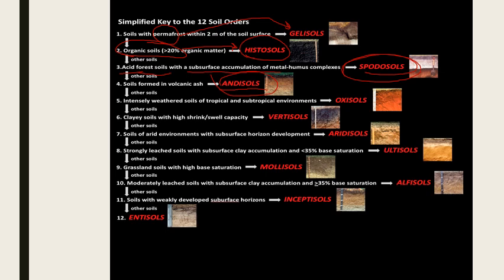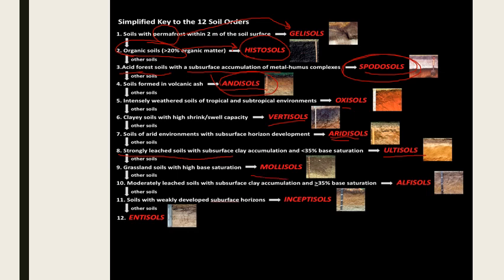Oxisols, very oxidized. Vertisols, those are interesting soils that crack in the summertime and the topsoil falls into the cracks vertically. Aridisols, you probably guessed that, arid for deserts. The ultisols are very leached. A lot of rain over many centuries, many millions of years.